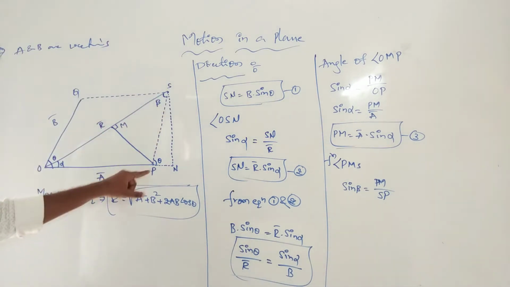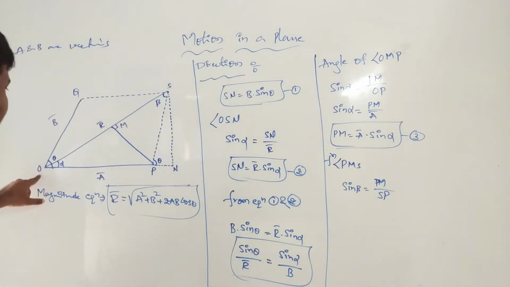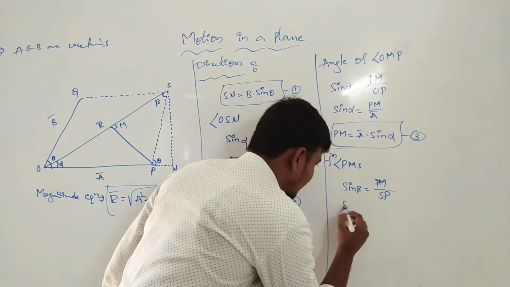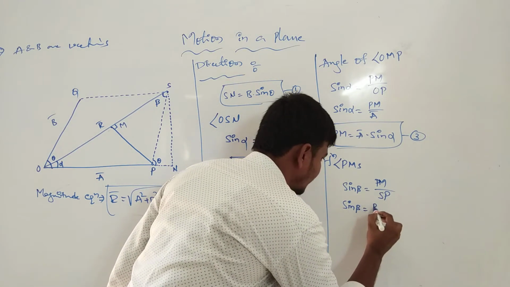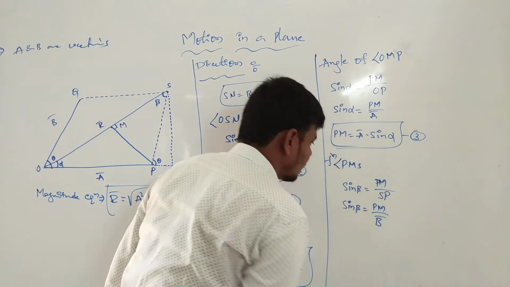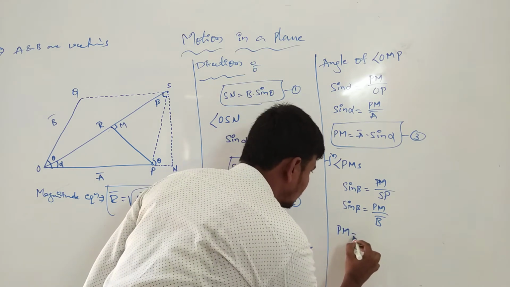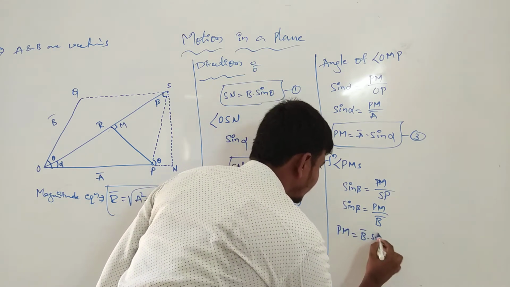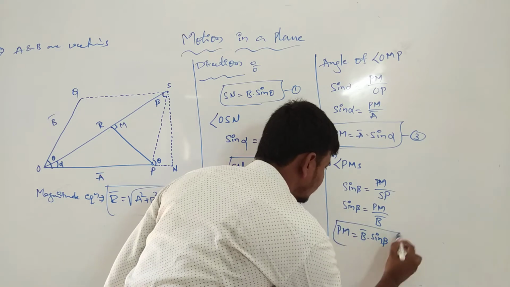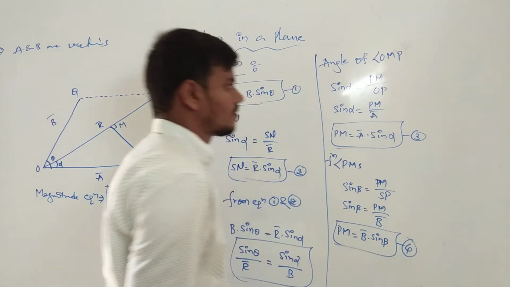Now SP is equal to, from our previous one, B bar. Now sin beta is equal to PM by B bar. Now PM is equal to B bar into sin beta. Now this is equation number 4.